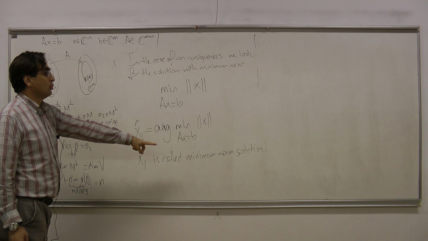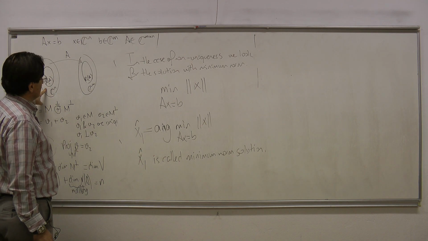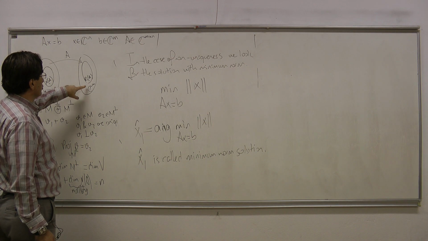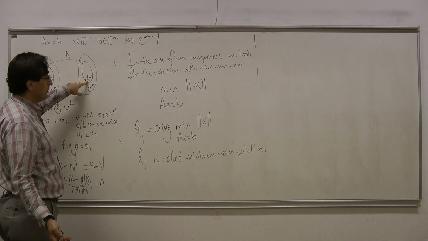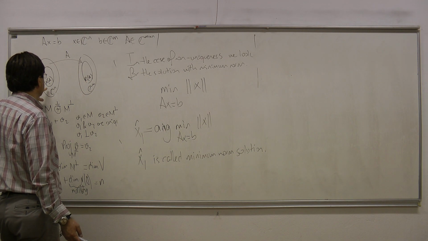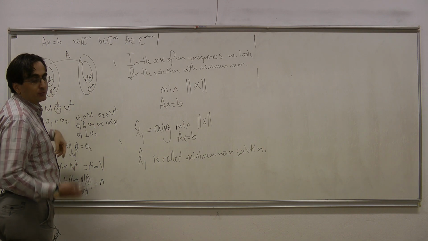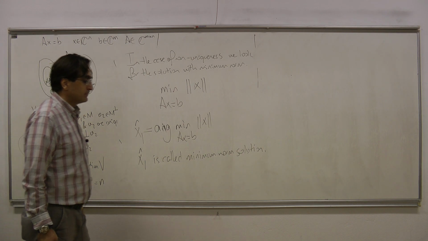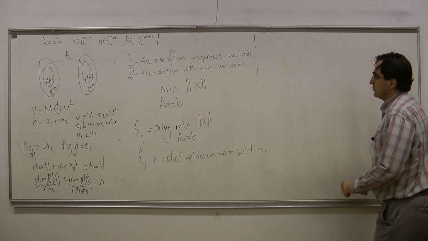In the minimum norm case, I am going to decompose the domain into null space of A and null space of A orthogonal complement. And let us see what we can do.